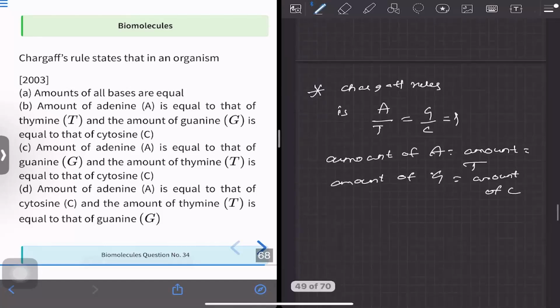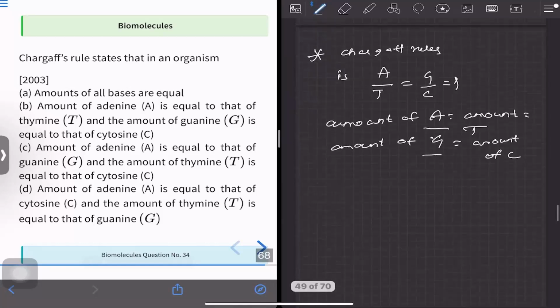So then are the amounts of bases all equal? It is false. See, adenine and thymine are complementary bases, so the amount of adenine will be equal to that of thymine, but these two values may be greater than that of guanine and cytosine. So the amounts of bases are not equal. Option B is correct: the amount of adenine is equal to that of thymine, and the amount of guanine is equal to that of cytosine.